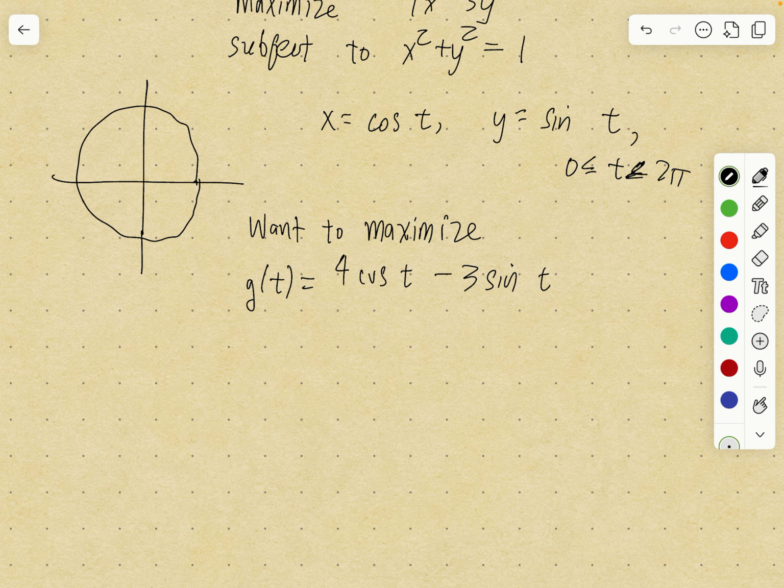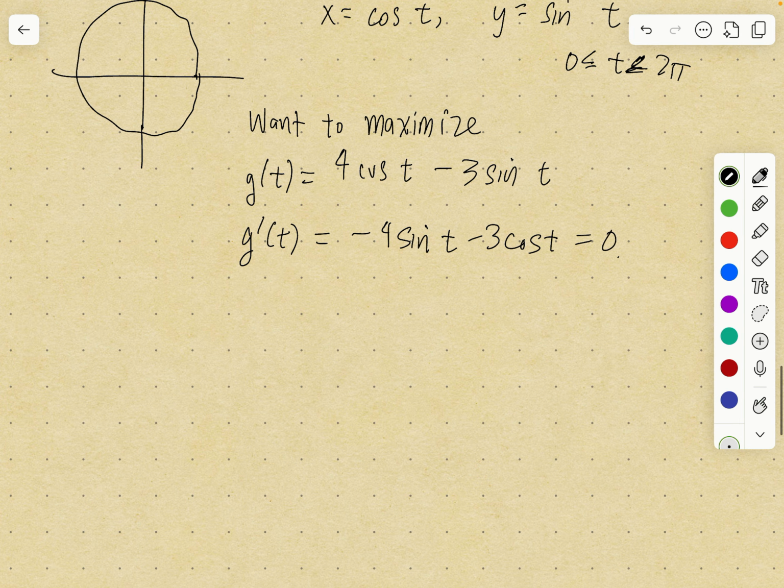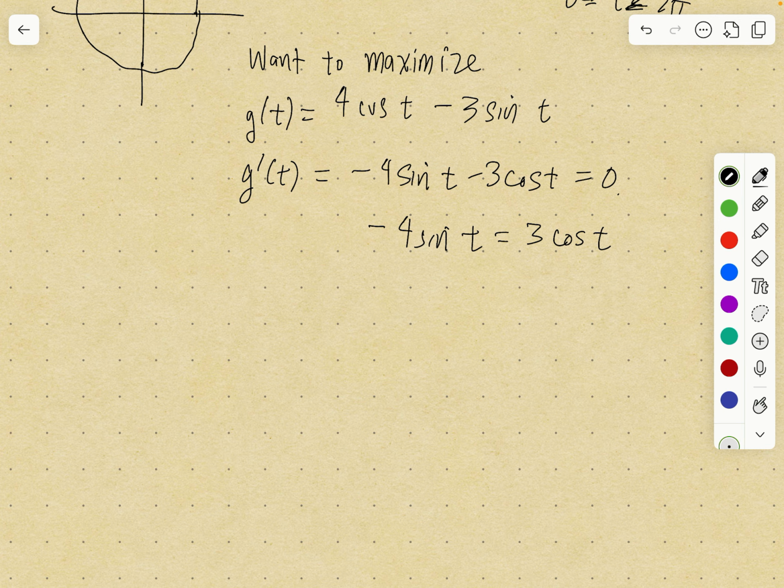We take the derivative, g prime of t, that's negative 4 sine t minus 3 cosine t. We set this equal to 0. Then we add 3 cosine t to both sides, so negative 4 sine t is 3 cosine t. Then we divide both sides by cosine t and by negative 4 to get the tangent of t is negative 3/4.